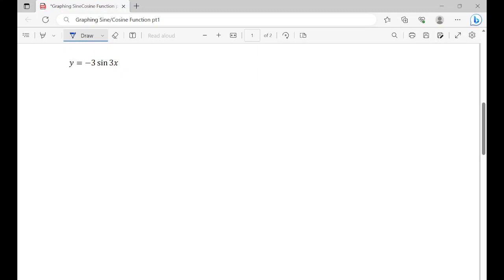Next, we're going to do y equals -3 sine 3x. So again, this has no horizontal or vertical shifts, and its basic form is y equals a sine kx. So first thing I'm going to do is find my amplitude. That's just going to be the absolute value of a, so the absolute value of -3, which is 3.